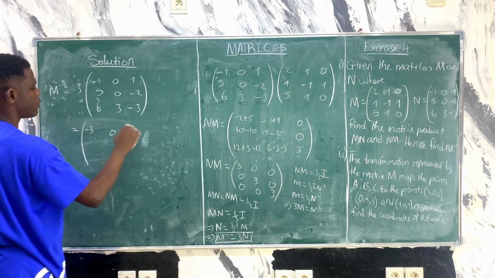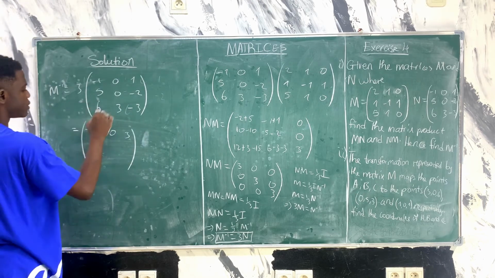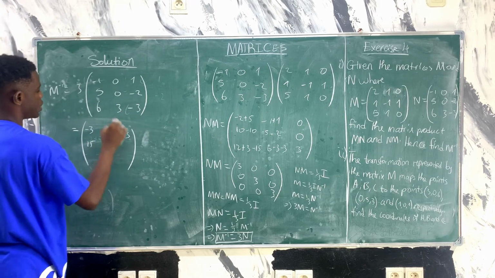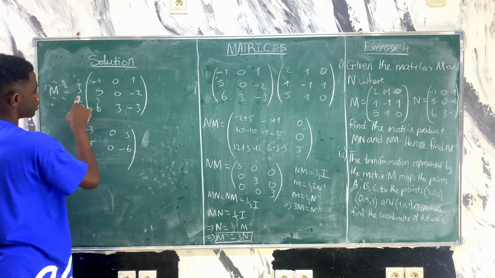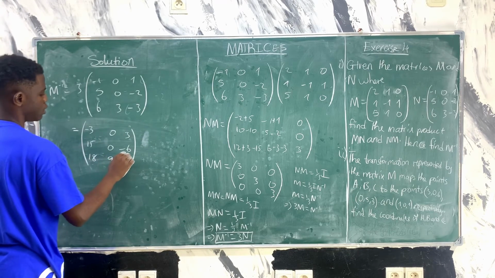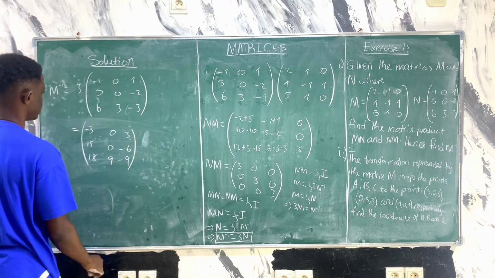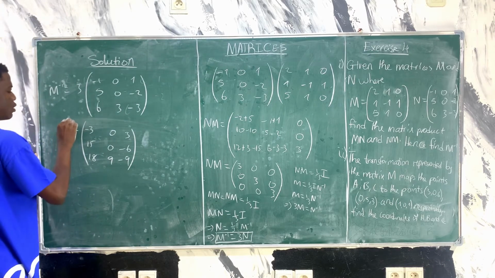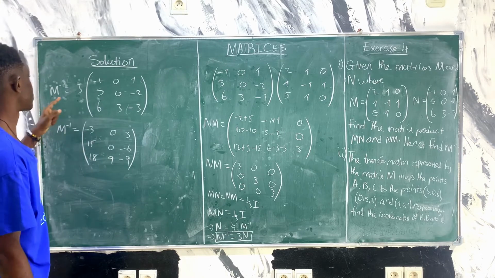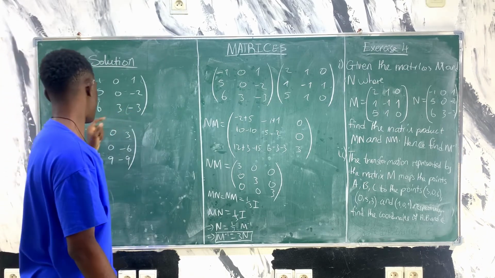This 3 is going to multiply everything. So 3 times 5 is 15, 0, minus 6, 3 times 6 is 18, 9, minus 9. So you just multiply 3 by n to have the m inverse.